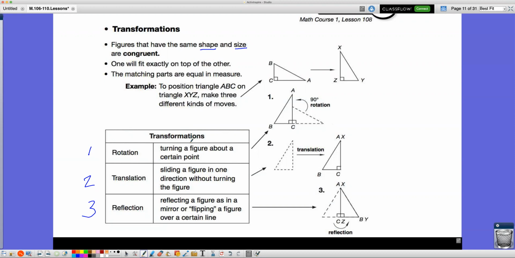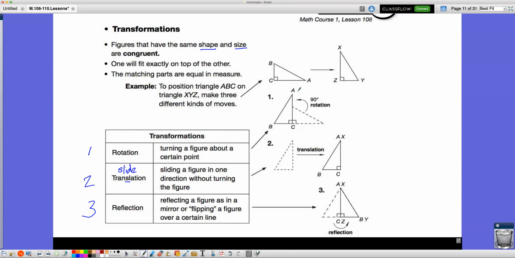If you're to rotate something, you're just going to turn the figure about a certain point. So like in this case, we would rotate it around this corner point. If we were going to translate it, one of the things I remind myself is that the S and L stand for slide. So translation is simply sliding a figure in one direction without turning the figure.